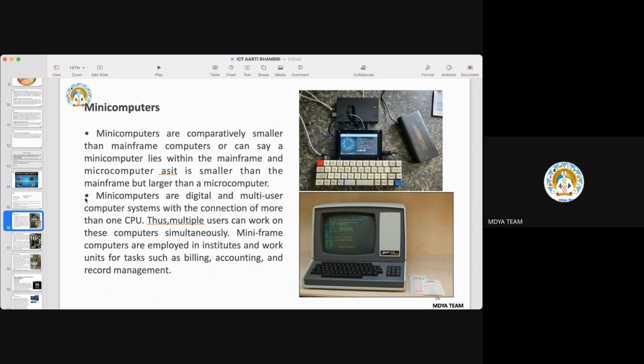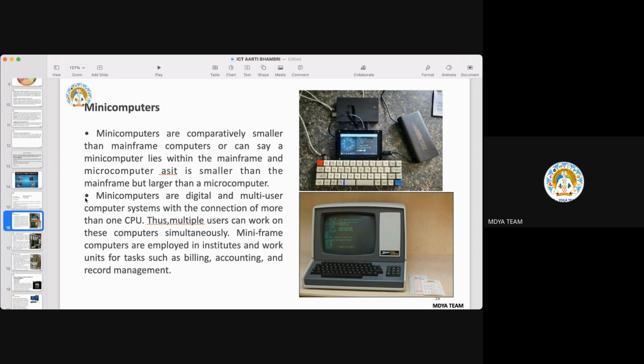Then there are minicomputers. Micro means size-wise they are very small, mini is somewhat larger than micro. So minicomputers are smaller than mainframe and larger than microcomputers.